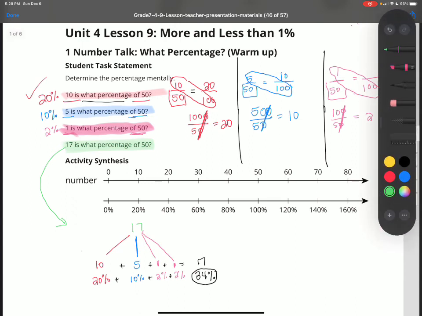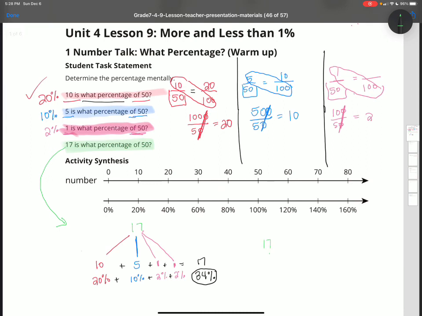So here we go. 17 over 50, and then blank over 100. I'm going to use the high hill method still. And I should get 1,700 divided by 50. I could scratch out the zeros because that's like me dividing by 10 or reducing the fraction by 10.